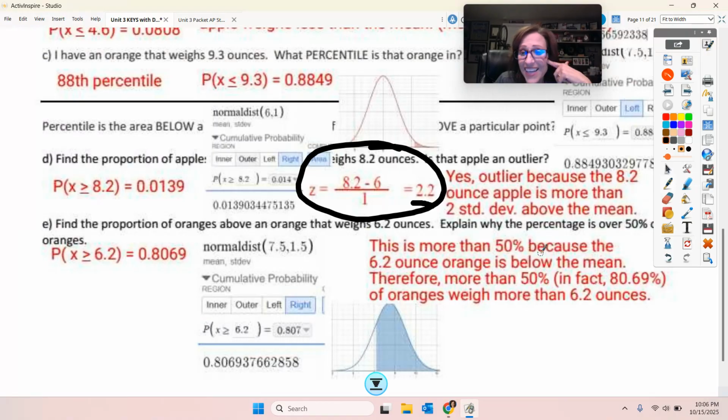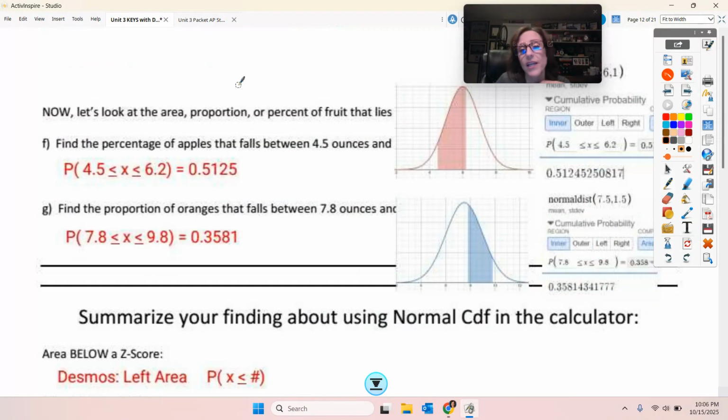All right, so now let's just make sure we know how to do one other kind. How do you do this for the area in between? How do you find the area in between two values? So we have an apple at 4.5 ounces, and then right here at 6.2 ounces, and so what's the area in between? So look at how you do this notation.